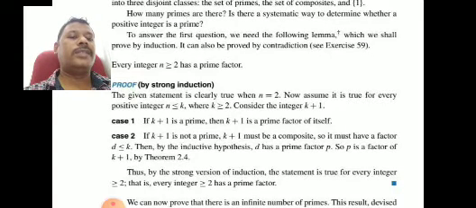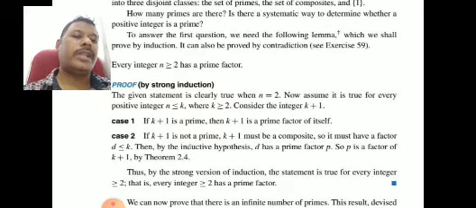The given statement is clearly true when n equals 2, because 2 is a prime number. 2 has a factor 2, and 2 is a prime number.